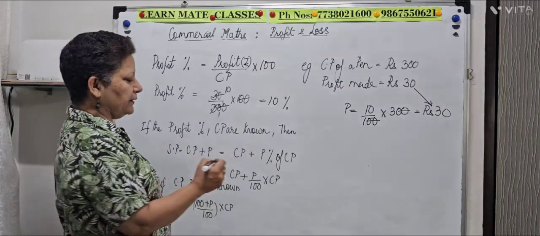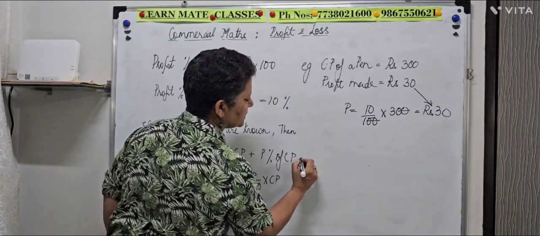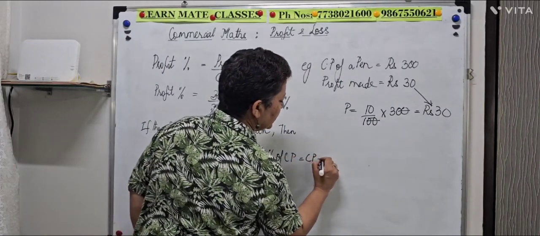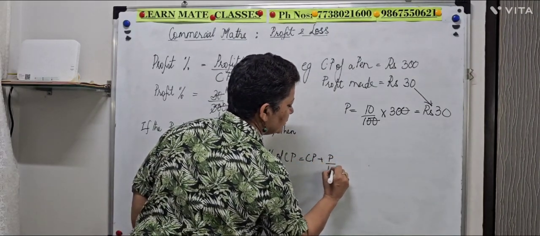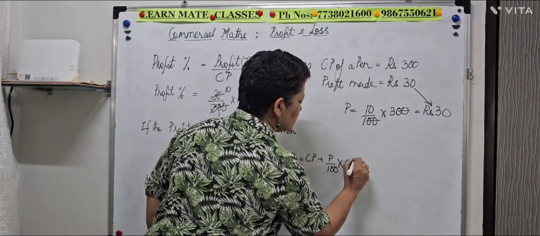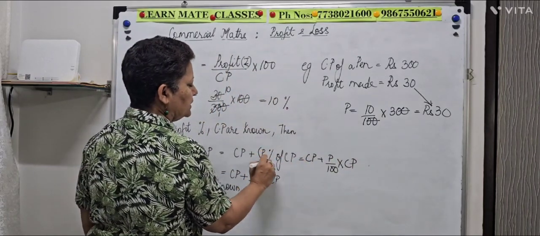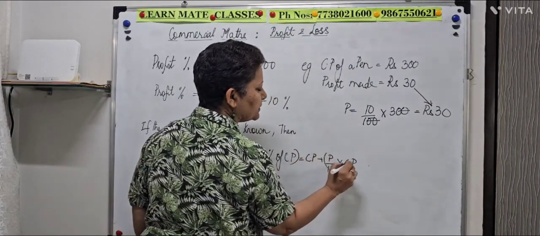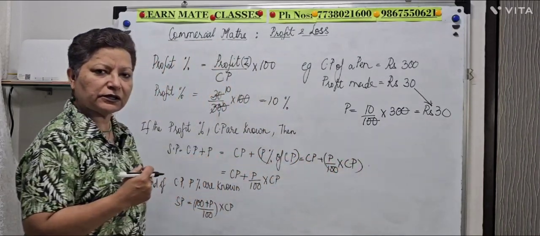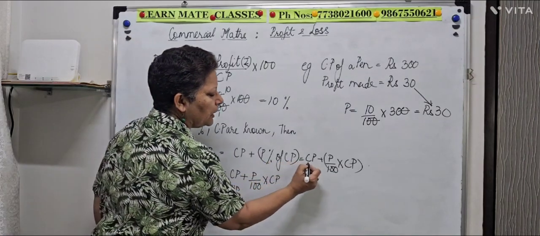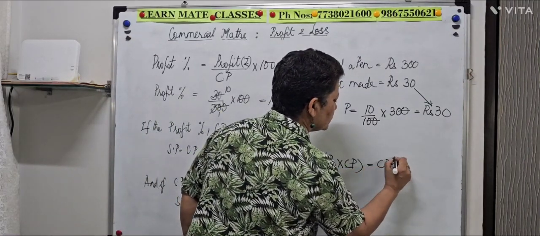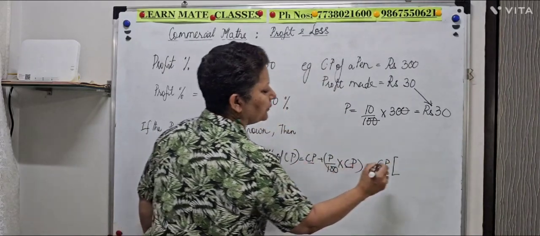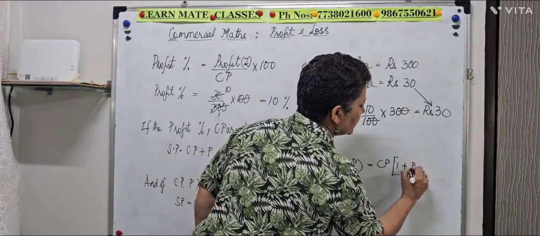Now, if I write this in terms of a fraction, this becomes CP plus profit percent of CP. How do you write that? P upon 100 into CP. So this profit percent of CP has become this. Using your distributive law, I can pull out my cost price from both places, and this then looks like CP into 1 plus P upon 100.